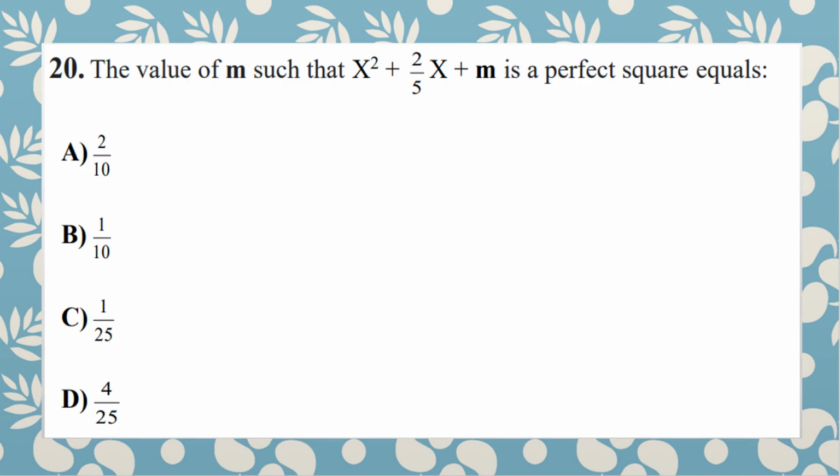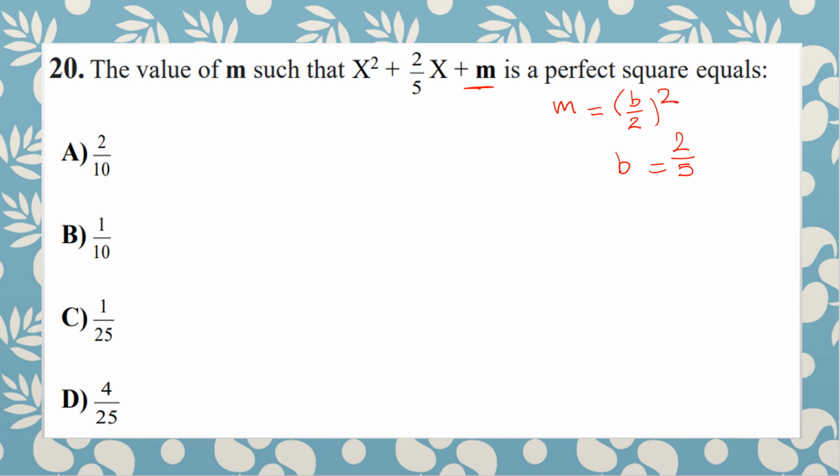The value of m such that x squared plus 2 over 5 x plus m, where m makes it a perfect square, equals m equals (b over 2) squared, and b here equals 2 over 5.